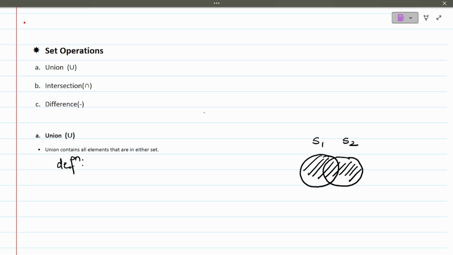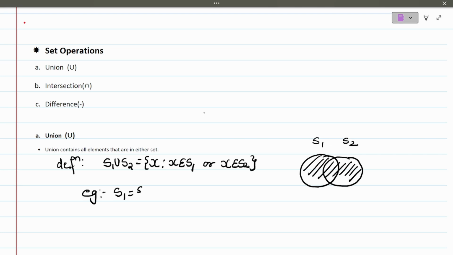Let me write the definition: the union of two sets contains some element x where x belongs to set 1 or it belongs to set 2.